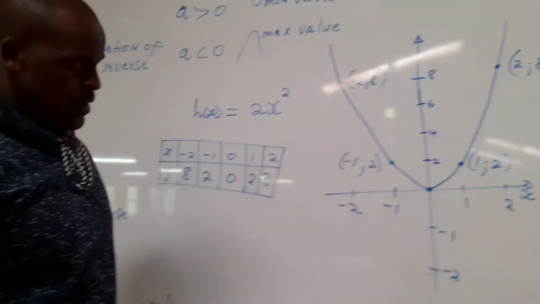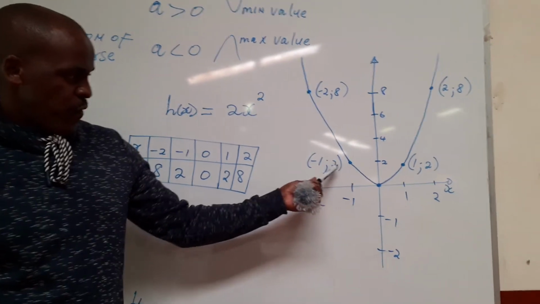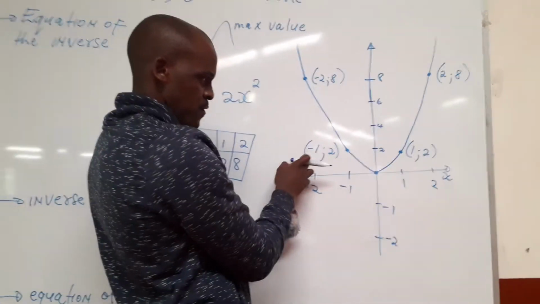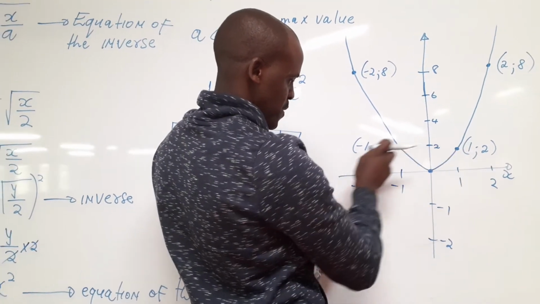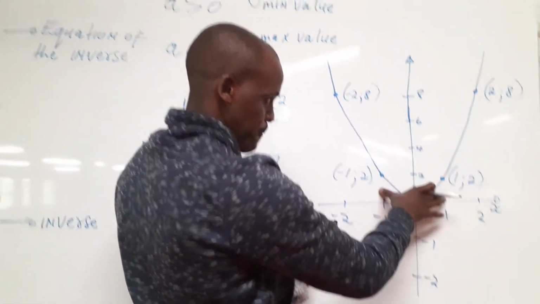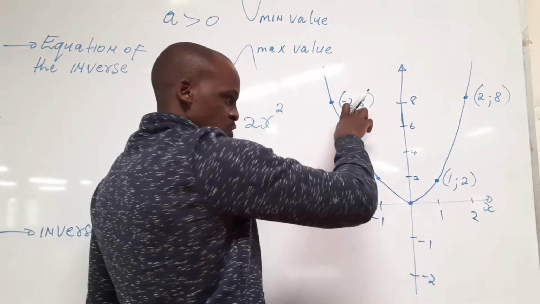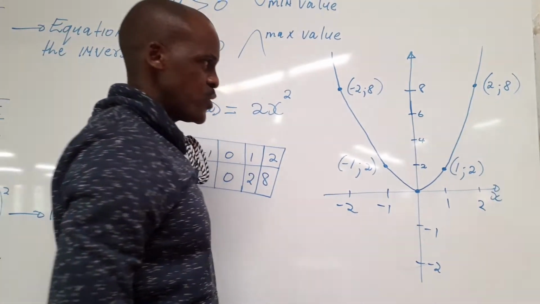Right. When you look here, we've got different values of x for one value of y. Again, y is equal to 8, but x is equal to -2 and x is equal to +2.